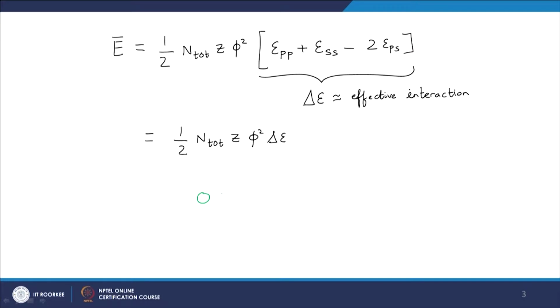Let us think that we had the following arrangement, or a cross section of the system that we started with, which was all solvent molecules.